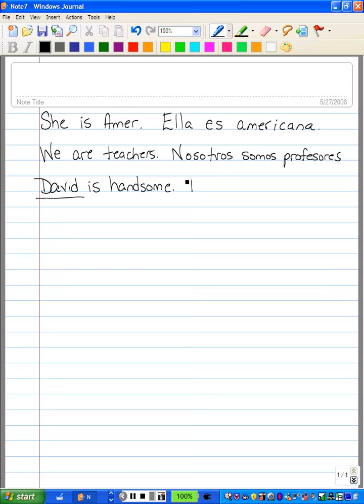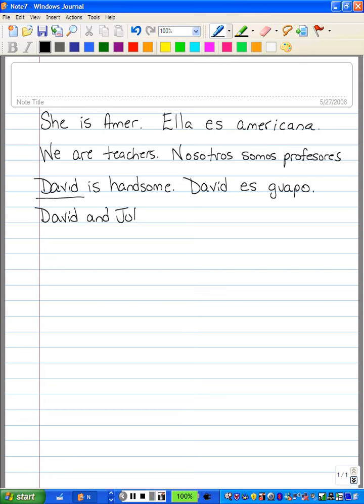So you can write this sentence like this: David es guapo. And the reason that we used es is because David would correspond with the pronoun él, so we use that verb form.